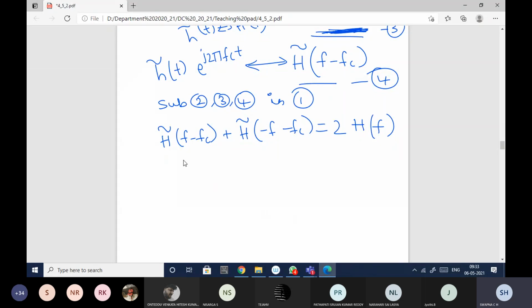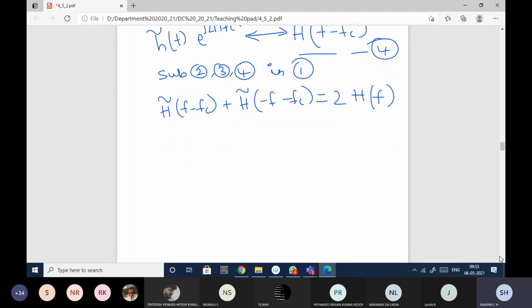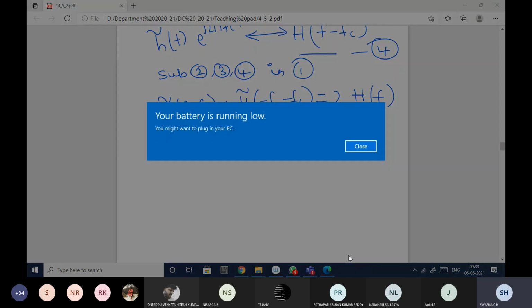Okay, fine. So again, for the complex envelope, we have to get the pre-envelope. Pre-envelope will eliminate the negative frequencies or the positive frequencies. You can have the negative frequencies or positive frequencies.